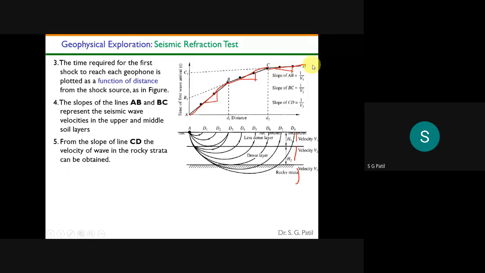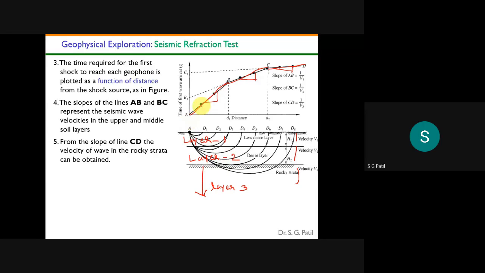So this slope corresponds to the velocity in the third layer. This is layer 3, this is layer 1, and this is layer 2.